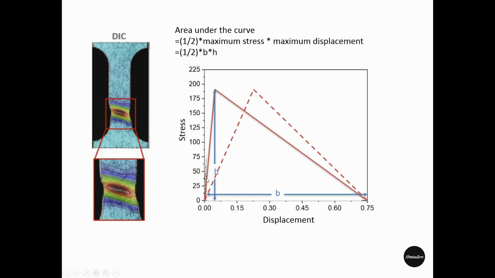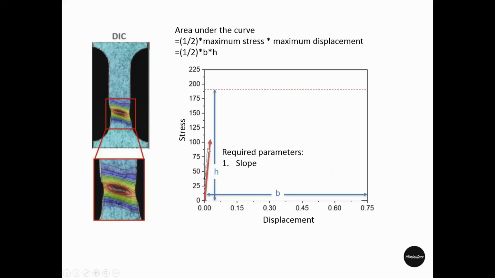So we will start with defining this first line. We can define this line by knowing its slope and then knowing the maximum height that it reaches. So far the required parameters to define the line are the slope and the maximum stress. Now if we know the width b, we can complete this triangle. Usually from the experimental test, we get the area under this curve, which is the fracture energy.